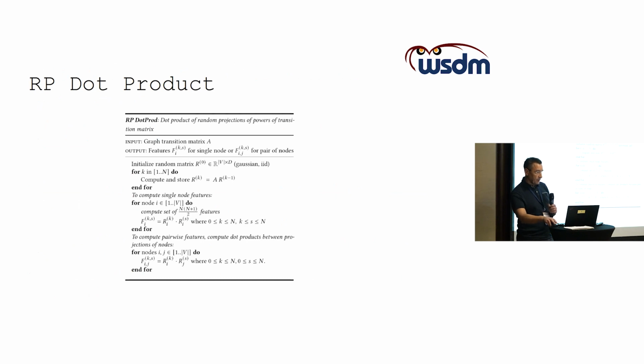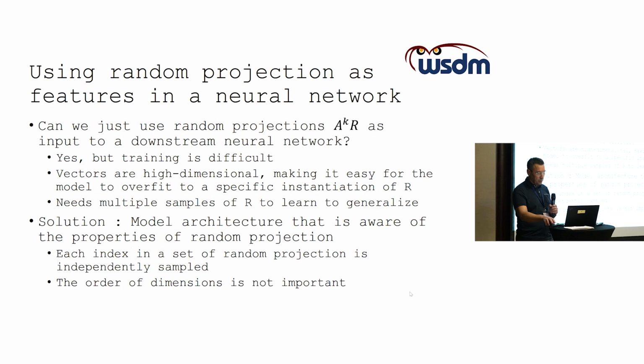Direct application of these approximation techniques leads to our first approach that we call RP.product, where we do message passing of Gaussian random vectors up to some power, and compute dot products of the same row in projections of different powers of the transition matrix for a single node, and for a pair of nodes, we compute them between the corresponding rows.